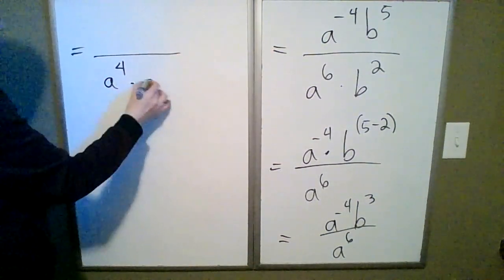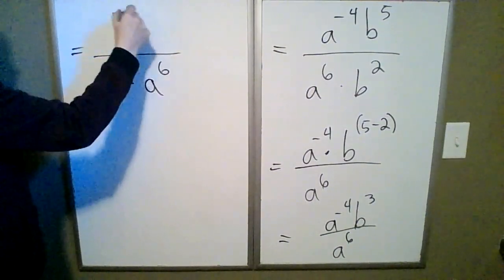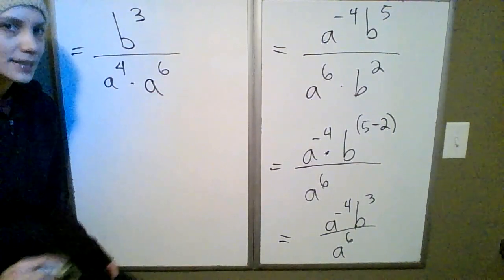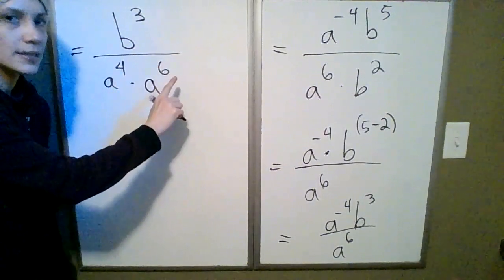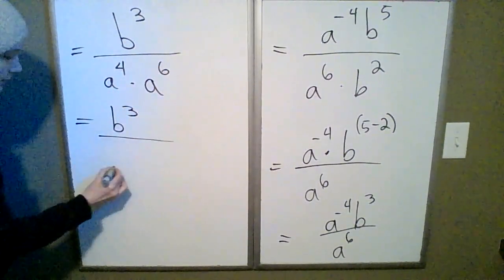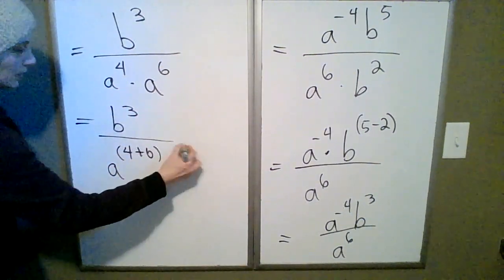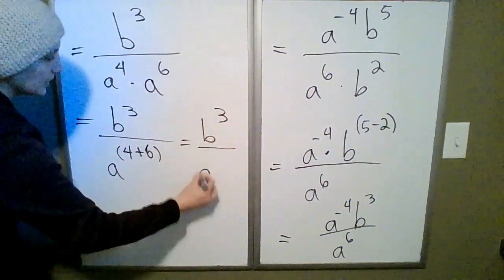Multiplied with that a to the 6th that's already down there, and then the b cubed needs to stay. Okay, almost done. That base a has a power of 4 plus 6. B cubed divided by a to the 10th.